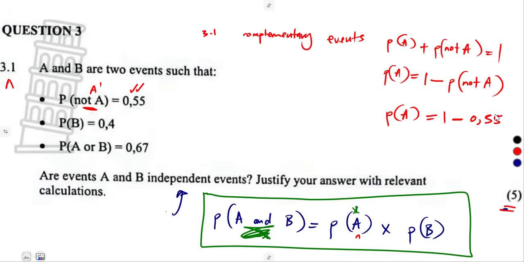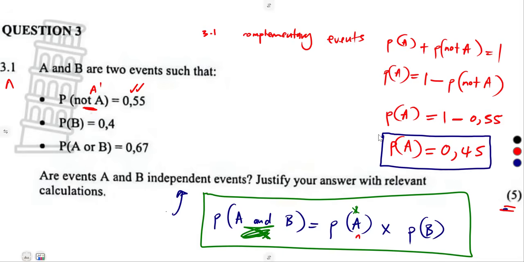So with the information that we are given, we now have the probability of what is in A, meaning the remaining part of what was not in A. And that was going to give us 0.45.